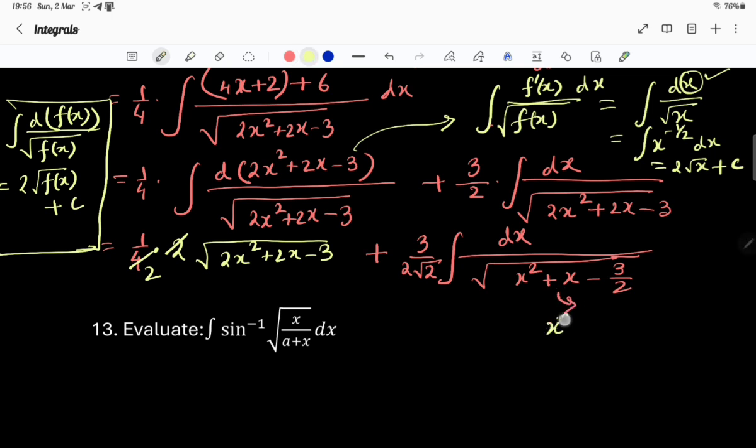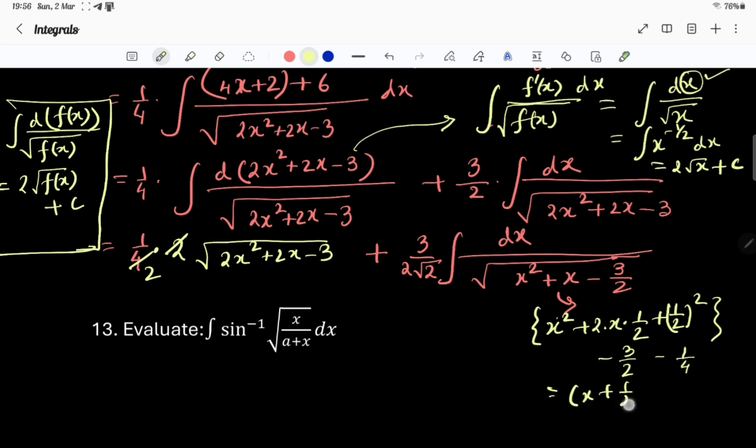How? x square plus 2 into x into half plus half square. So what am I taking extra? 1 by 4, so later on I will subtract it. Ultimately x plus half whole square minus 3/2 minus 1/4, with 4 as the LCM. So 2 into 4 is 6, 6 plus 1, 7, so 7 by 4.